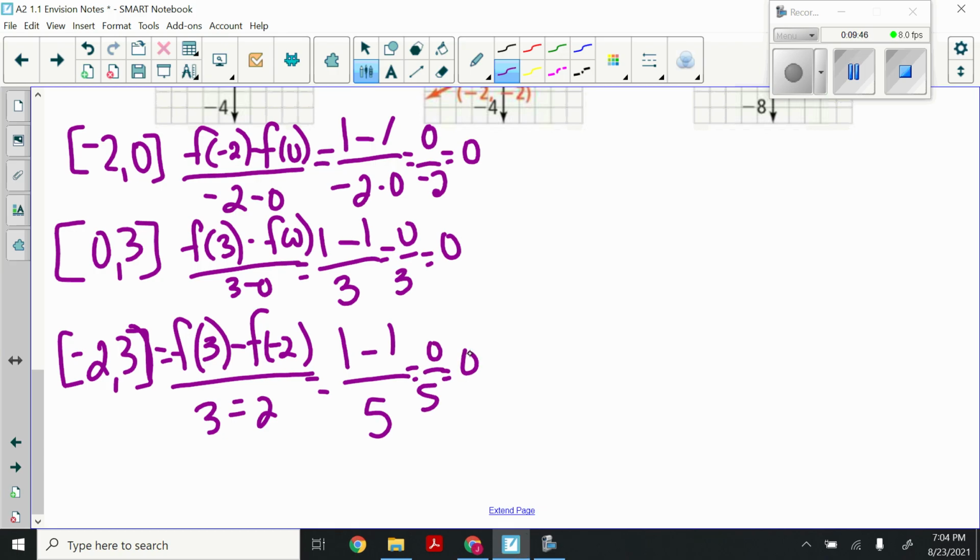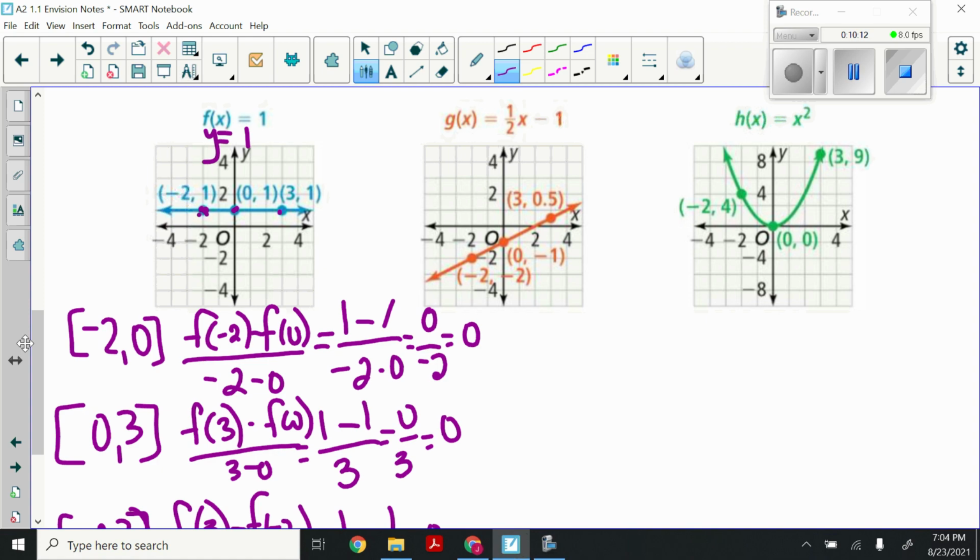Okay. What do we notice? We notice that we had the exact same average rate of change each time, 0. So here we had the same rate of 0. Therefore, this is a constant rate. It's a horizontal line.